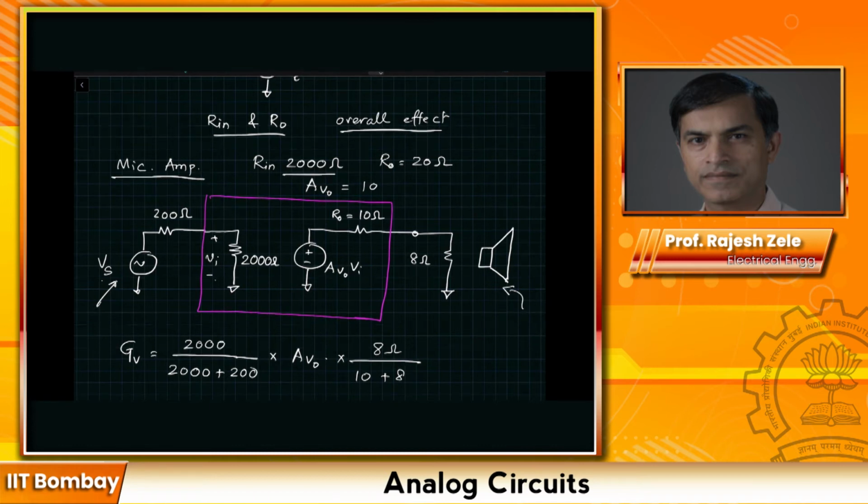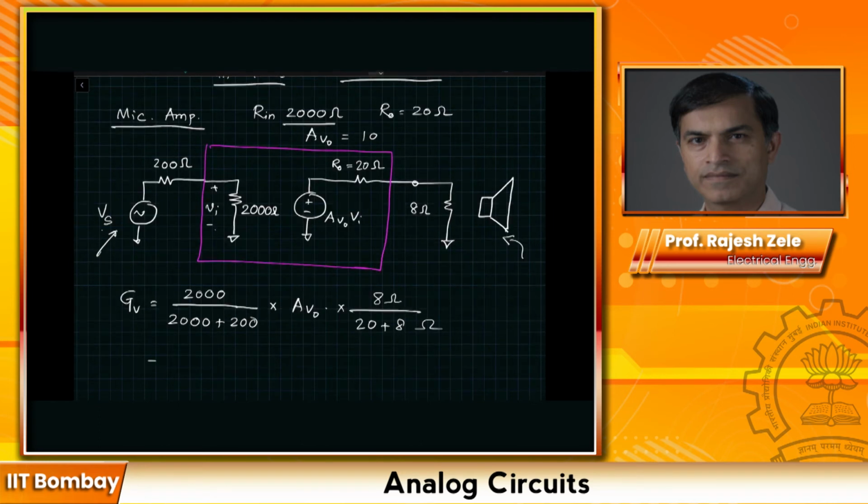Sorry, I made a mistake here. This should have been 20. So this is 20 ohms and this is 20 plus 8 ohms. So this is going to be equal to 2000 divided by 2200 multiplied by AV0, which is 10, multiplied by 8 divided by 28. And if you compute this, you will see that this is 2.6, nowhere close to the factor of 10 that we were expecting.